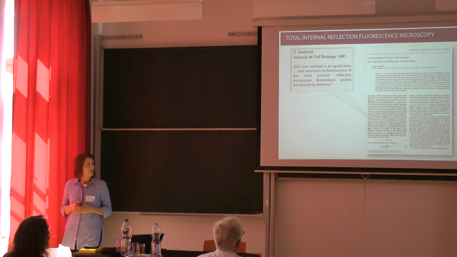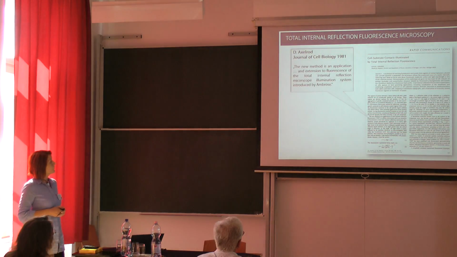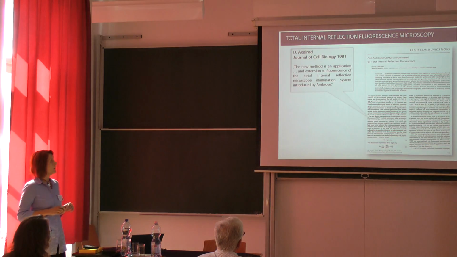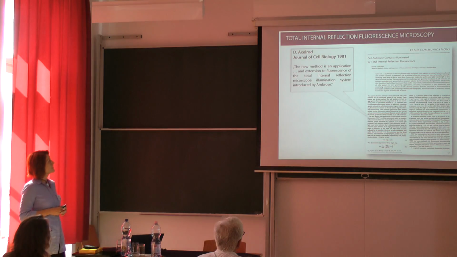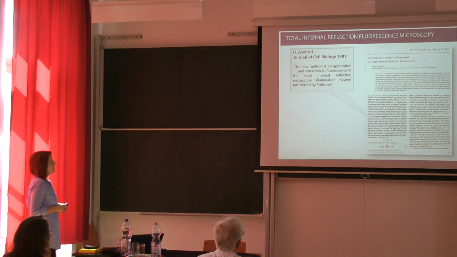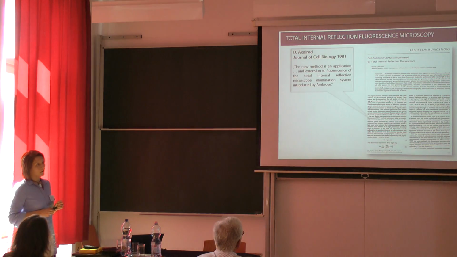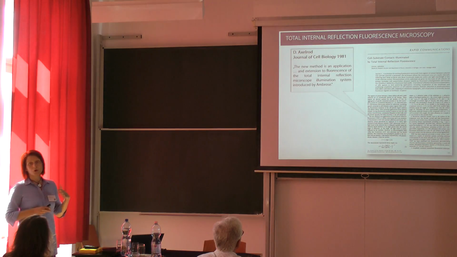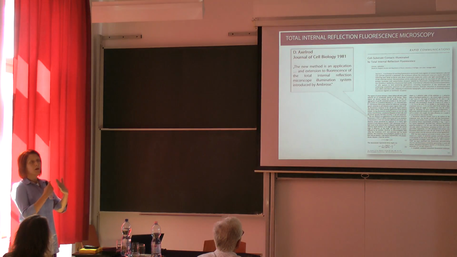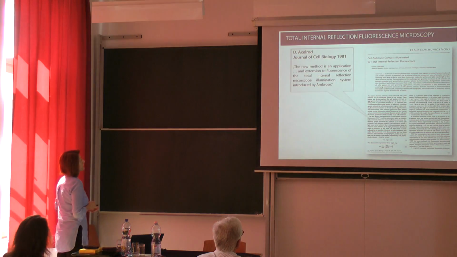That is the original publication of the use of total internal reflection in fluorescence microscopy. And here again, what was highlighted is that with this technique, the cellular regions which are close to the surface, to the cell glass contact, can be visualized.